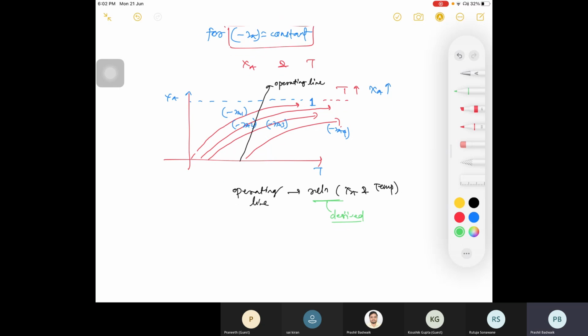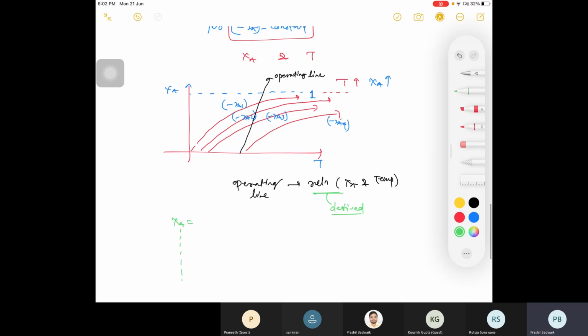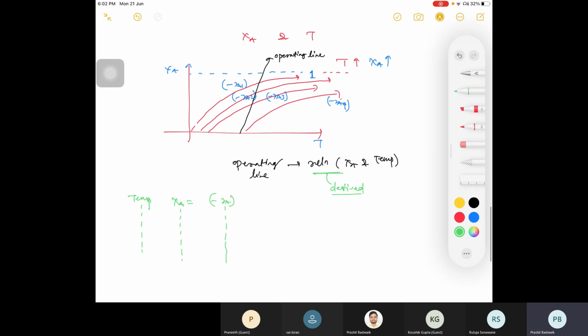So this is your operating line wala equation. From this equation, you will be having Xa, different conversion at different temperature, different minus RA will get, and then 1 by minus RA. These values. Can we get this from the above curve?